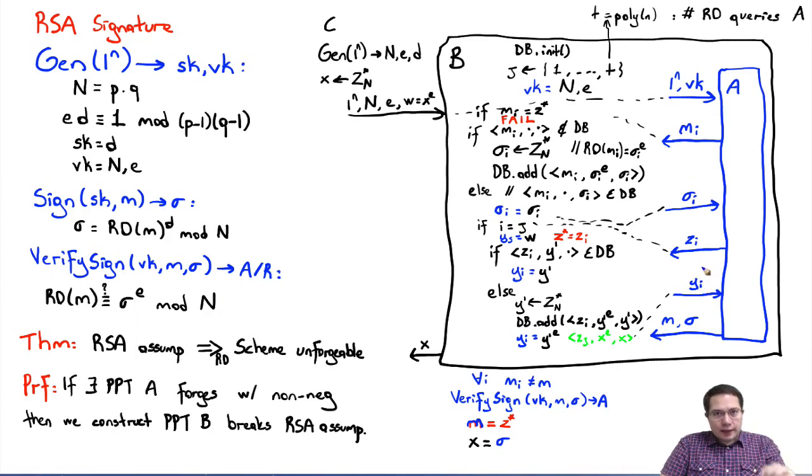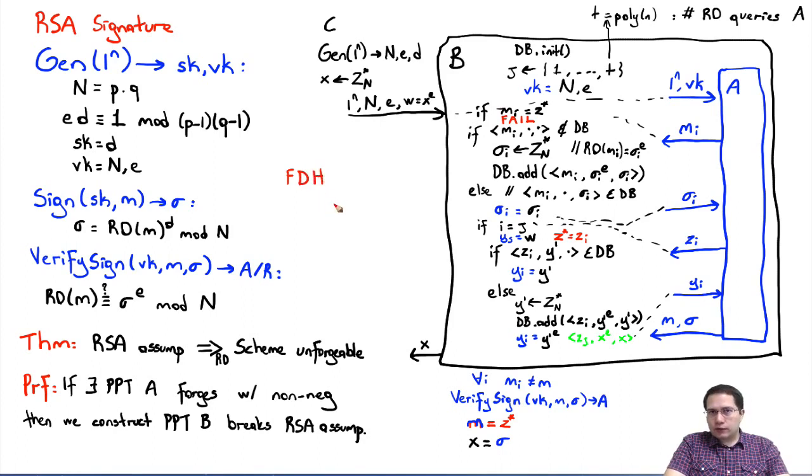Now, for the random oracle query, there's something interesting. A expects here a random group element. We never defined the random oracle explicitly here, but this random oracle is sometimes called a full domain hash.